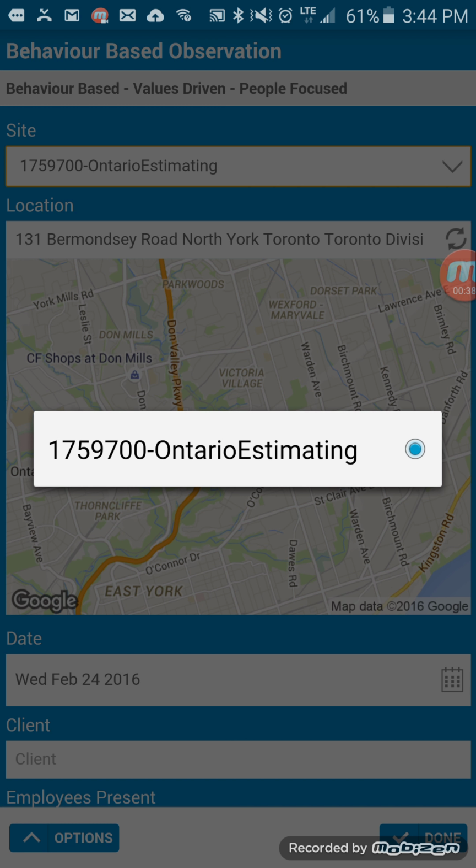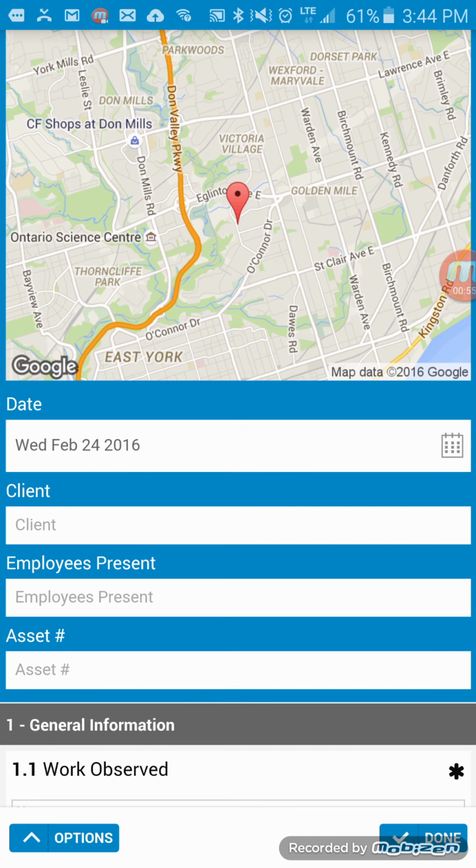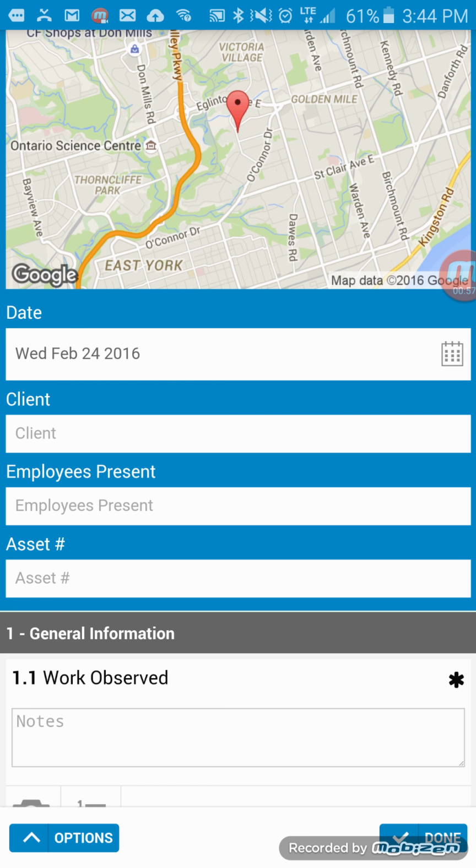So we need to fill out any of the items in here, and so right now it's just picking one business unit. Also has the location, and you can hit that refresh software. Scrolling down, it has today's date, so it should be the date, the time you actually do it.